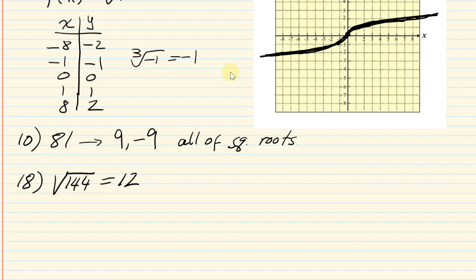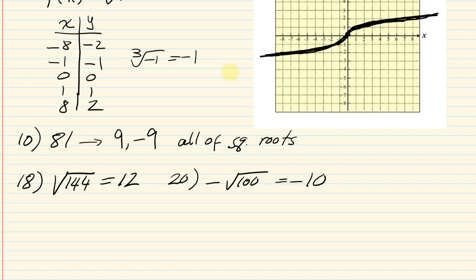For something like number 20, I have negative square root of 100. Now, remember, the radicand, what's under the radical sign, when it's a square root, cannot be negative. But the negative on the outside is okay, as long as it's not inside. Okay? So square root of 100 is 10. The answer is negative 10. We just attach the negative in the end.